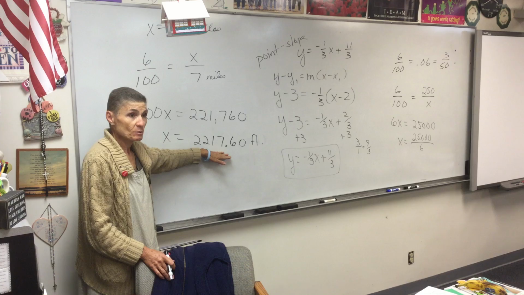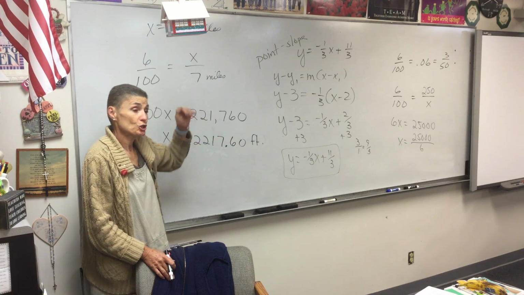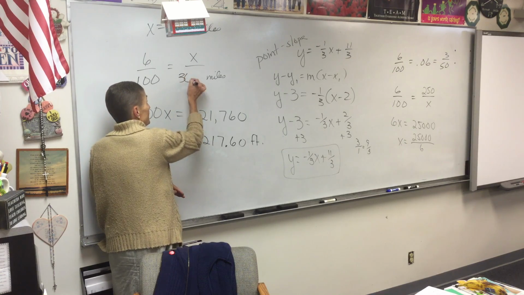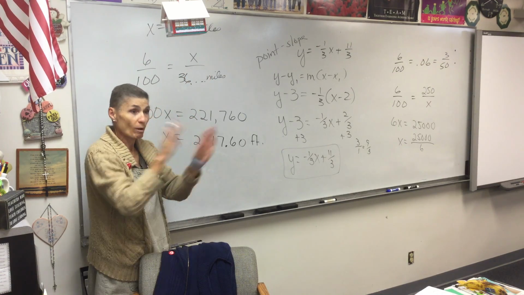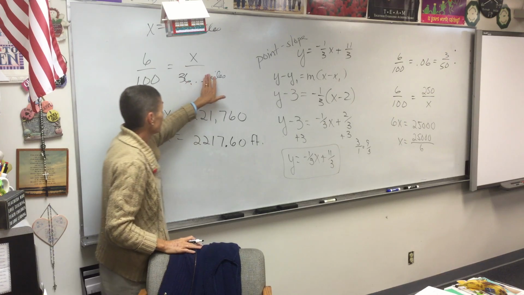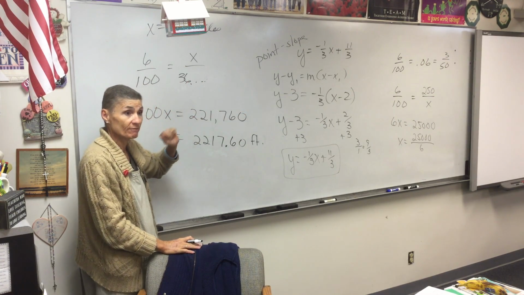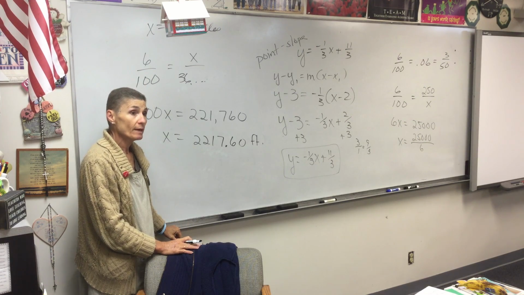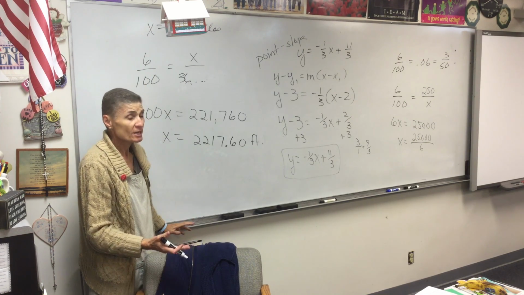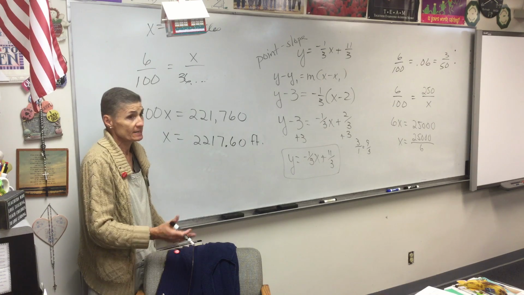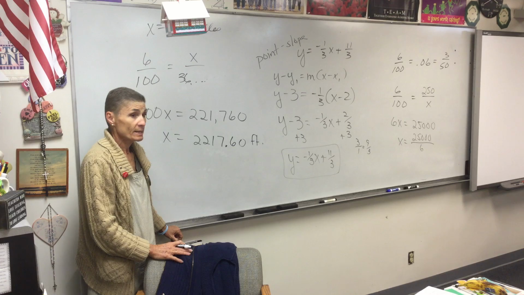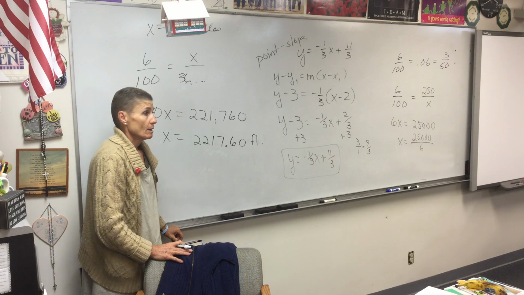Bingo. That's what she got. Because she changed the 7 miles into feet right away, just right off the bat. So then her problem wasn't in miles anymore, it was in feet, and she got this answer directly. Okay? You can do it either way, but you have to change your miles into feet at some point. Okay? Everybody okay with that?